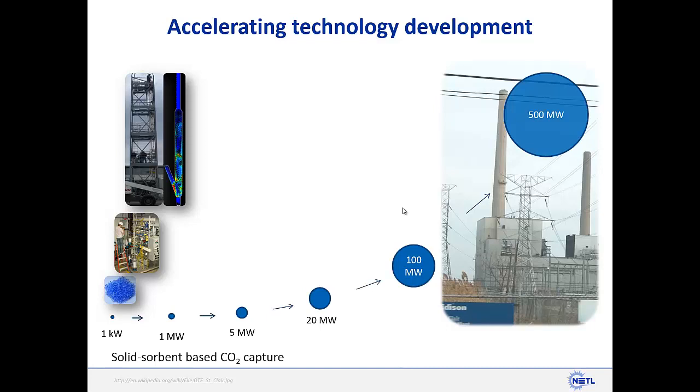So what we want to do is use the power of computational tools to accelerate that. You can use computations to decrease the time between the steps, and perhaps also make those scale-ups larger.